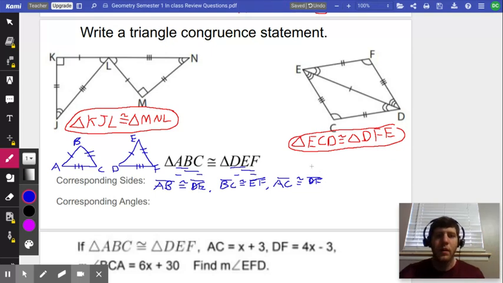And then our corresponding angles. We can name the first one angle BAC. So angle BAC is going to be congruent to angle EDF. Angle B up here, angle ABC, is going to be congruent to angle DEF.